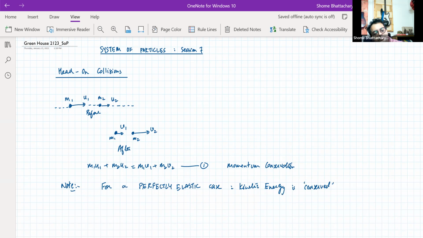So we have initial kinetic energy equal to final kinetic energy.